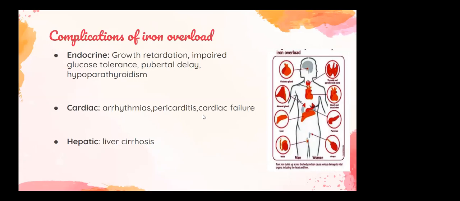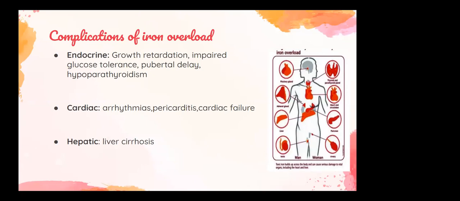Iron deposition. So sometimes, for example, you need to do an MRI, but not just any MRI. If you want to do an MRI brain, for example, to look at the pituitary, whether there is any deposition of iron, you cannot just do any MRI.